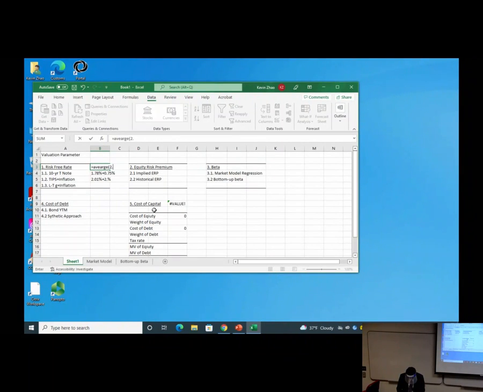That will be 2.53 plus 4, just a simple average, 3.2% risk-free rate.